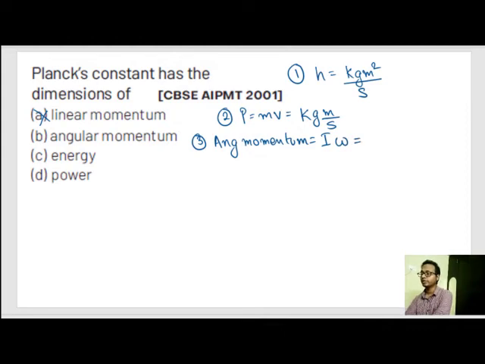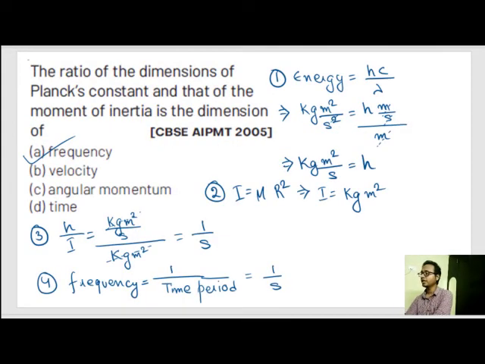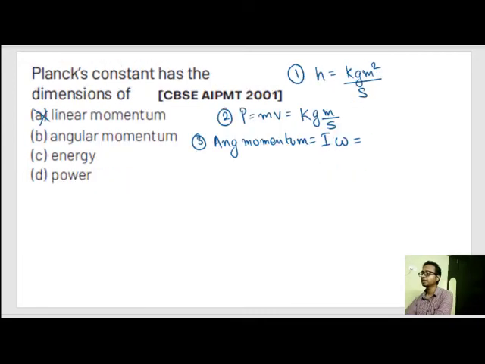Moment of inertia is kg meter square, and omega is radians per second.